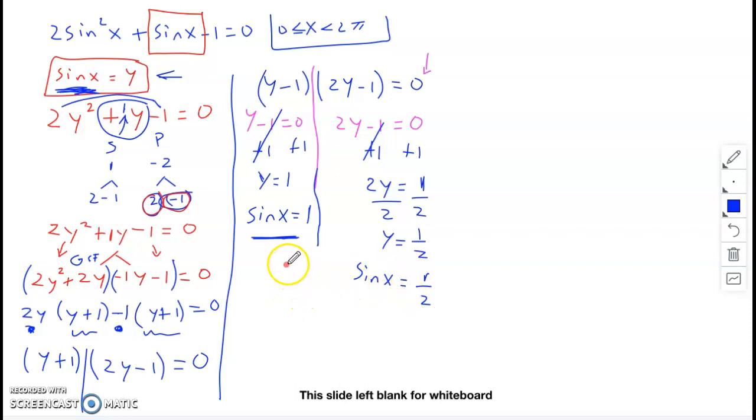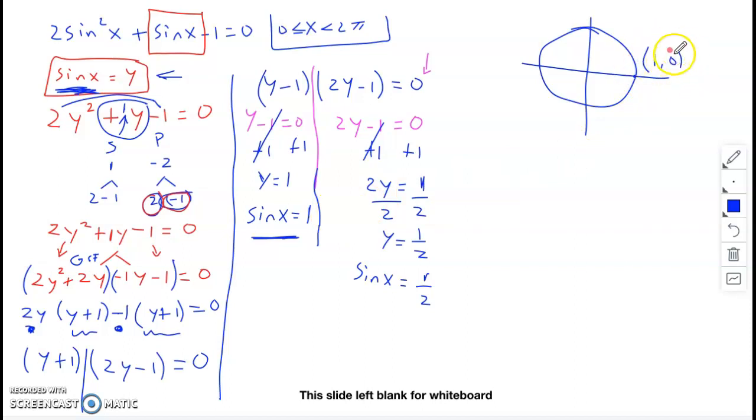Now what are the angles? Okay, so here we go. First of all, sine of x equals 1. So on my unit circle, what angle is x where my sine is equal to 1? Unit circle, this is 1, 0.